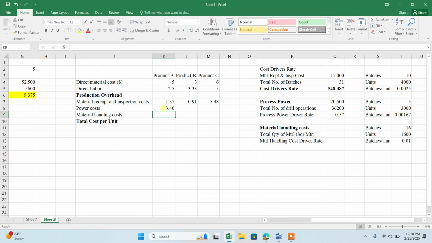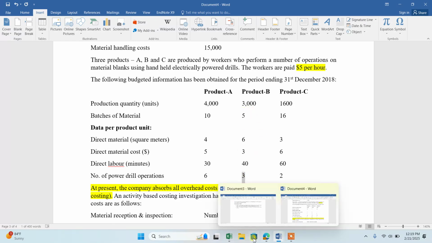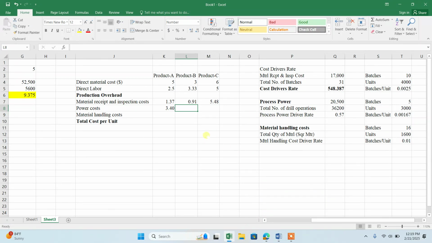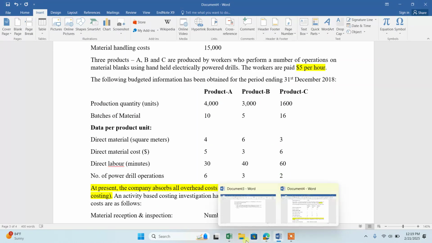So this is, my dear, the cost of one unit of A. Now how many drills are required to produce one unit of B? 3 are required, so 3 multiplied by 0.57. How many drill operations are required to produce one unit of C? We need 2.